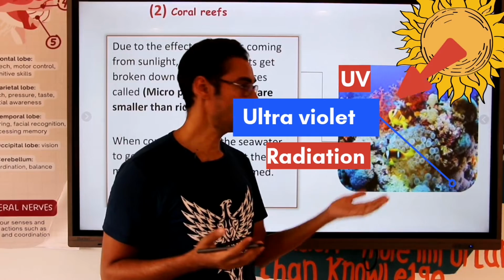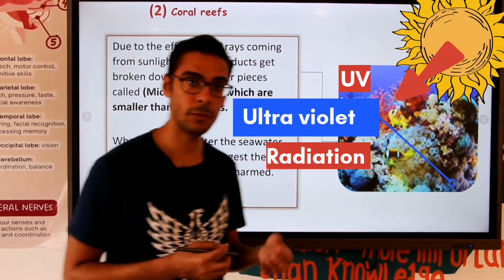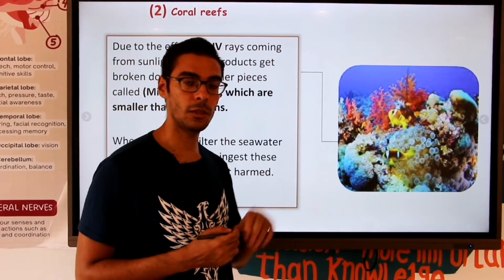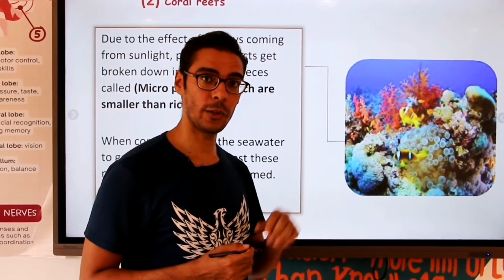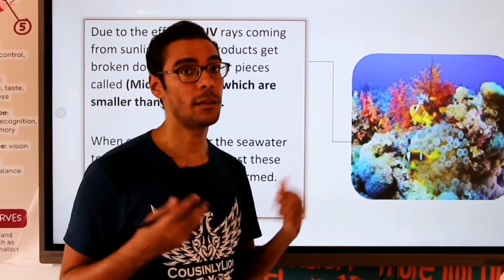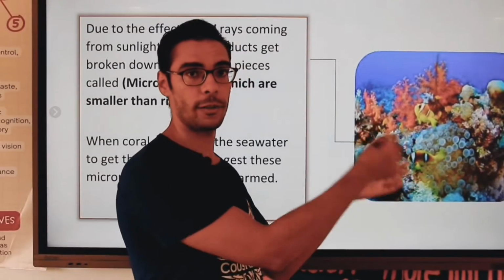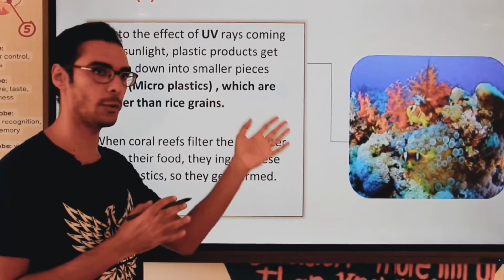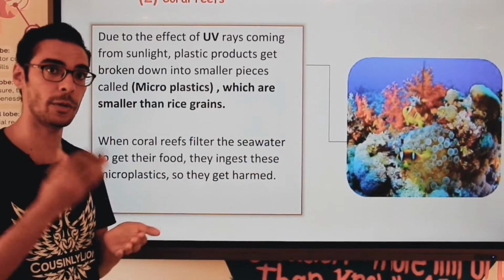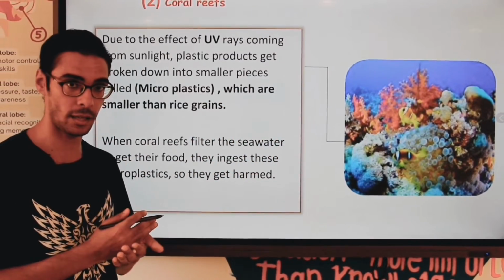Among the main functions of coral reefs within the food web, not just providing food, not just providing shelter, is filtering the water for the fish. And that's one of the most important jobs or functions of coral reefs in any food web or any food chain or any marine ecosystem.